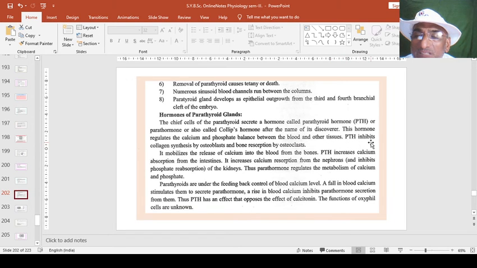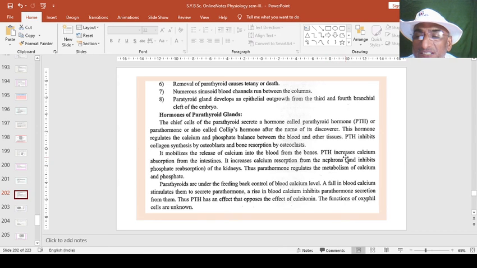Parathyroid hormone regulates collagen synthesis by osteoblasts and bone resorption by osteoclasts. So these are the two important things to be noted here: collagen synthesis by osteoblasts and bone resorption by osteoclasts. Blast and clast both are cells here. It mobilizes the release of calcium into the blood from the bones.